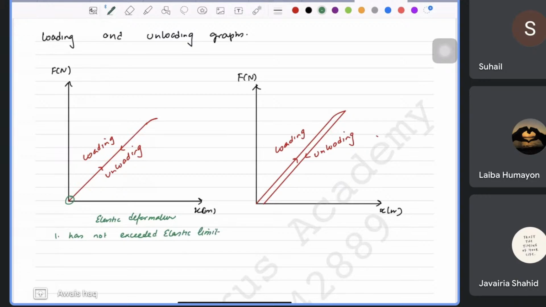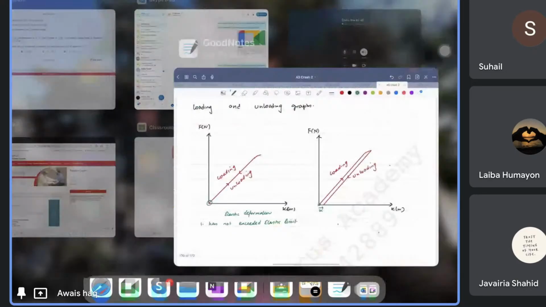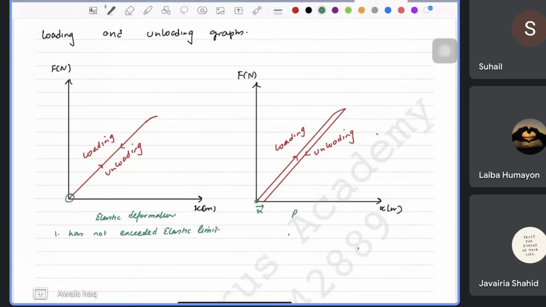However, if it goes like here, but after you remove the force it still shows some permanent extension, that shows plastic deformation. After unloading, when you remove the load, the material still shows deformation.